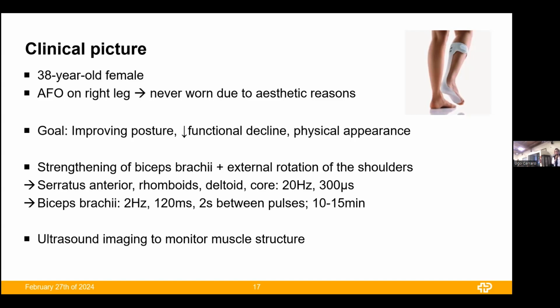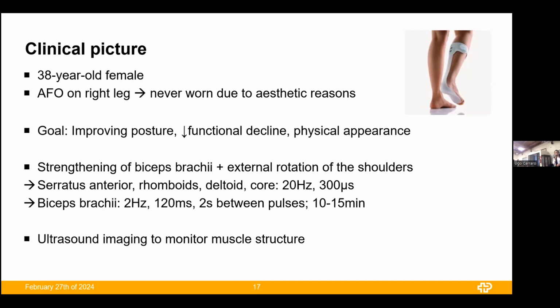With her, we try to improve posture, decrease the functional decline, and increase physical appearance. For that, we stimulate the muscles around the shoulder, like the serratus muscle on the trunk, the rhomboid, deltoid muscle, and the core via nerves. So we use 20 hertz and 300 microseconds.